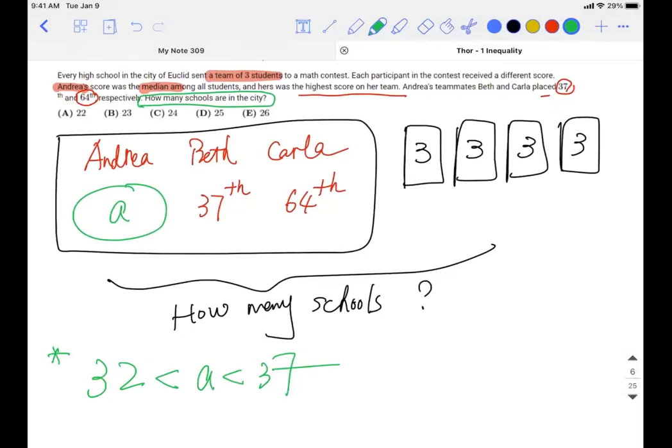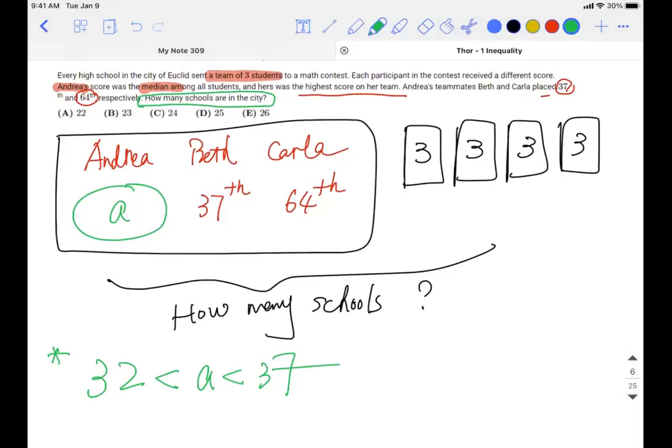So Andrea's place is going to equal 3H divided by 2. And then we can plug the 3H divided by 2 into A, so it's going to be bigger than 32, but it's also smaller than 37. Exactly, that's pretty much the case.